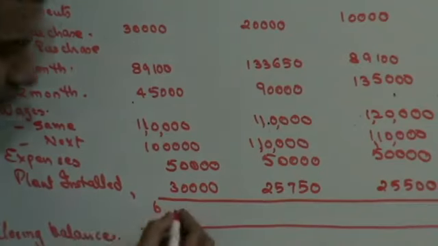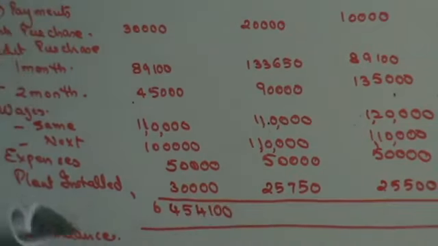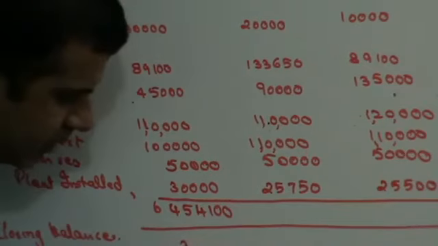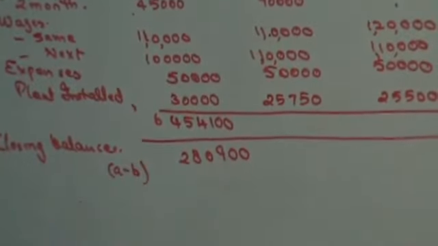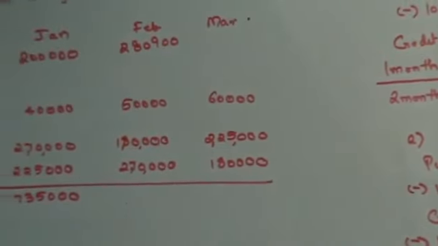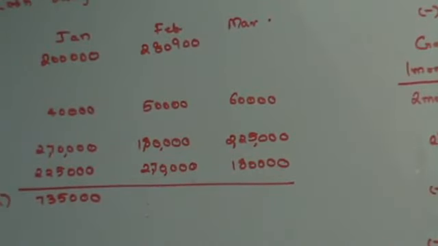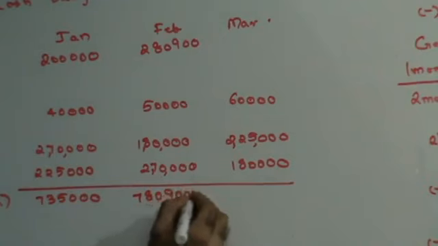It's 4 lakh 54,100. So A minus B is going to be 2,80,900. Right? Whatever is the closing balance of Jan will be the opening balance of Feb, 2,80,900. Add all that. So when you add all that, 2,80,900, 50,000, 180 and 270, you will get 7,80,900.